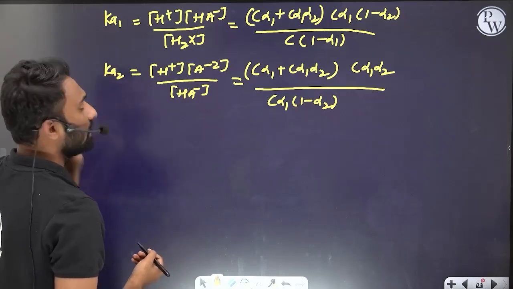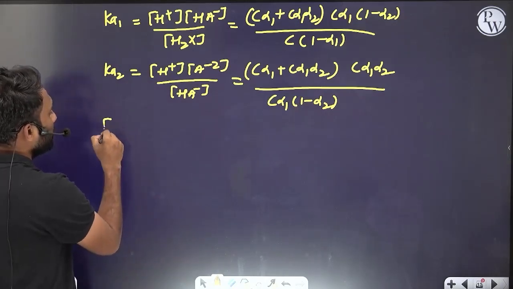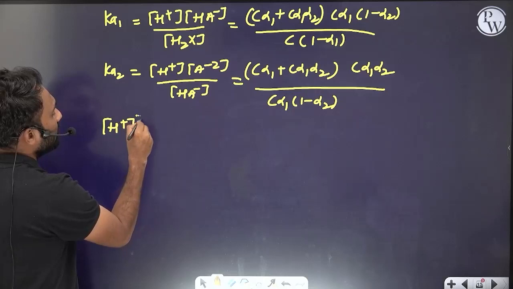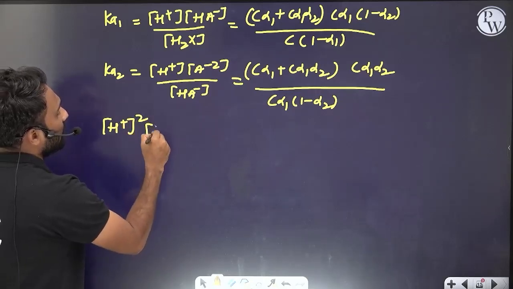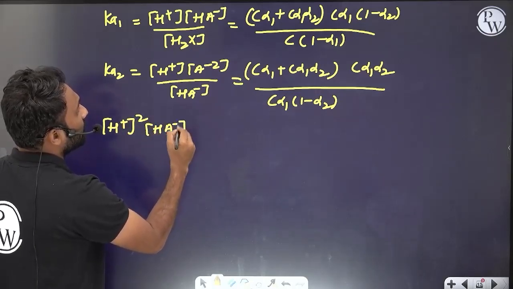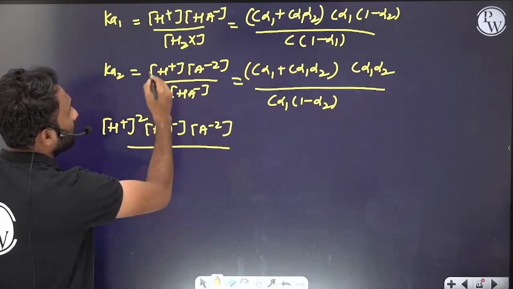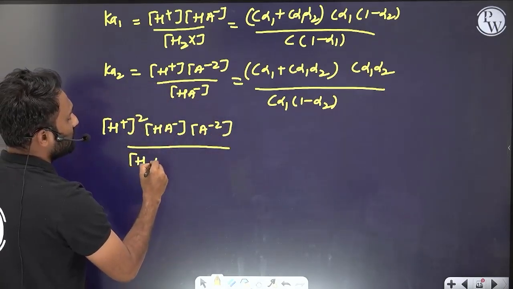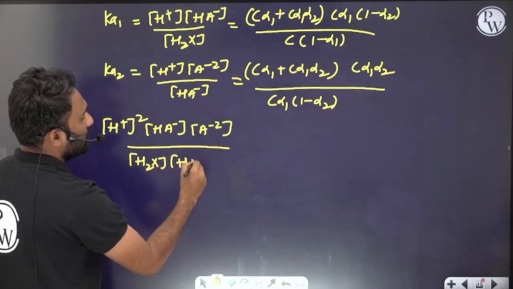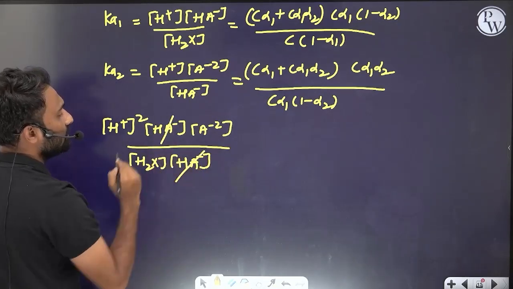Now if you multiply Ka1 and Ka2, it becomes H plus whole square, times HA minus into A minus 2, divided by H2A times HA minus. HA minus will get cancelled.